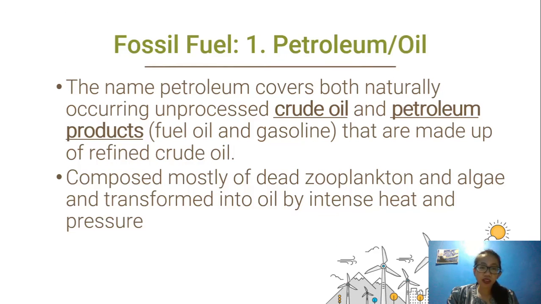Okay, so petroleum oil in its natural form is the unprocessed one, crude oil. Later on, once we process it through fractional distillation, it will become the various petroleum products that we use in our everyday living. Just some examples are fuel oil and gasoline.